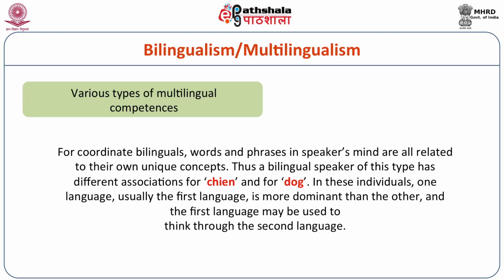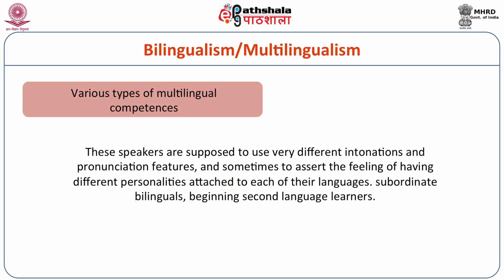The first language may be used to think through the second language. These speakers are known to use very different intonation and pronunciation features and sometimes to assert the feeling of having different personalities attached to each of these languages.